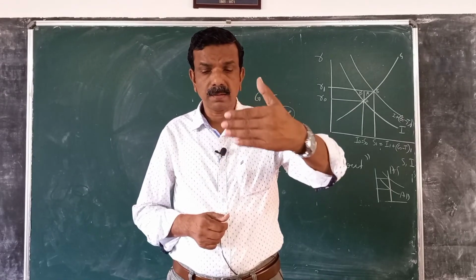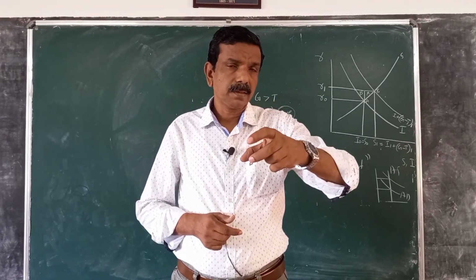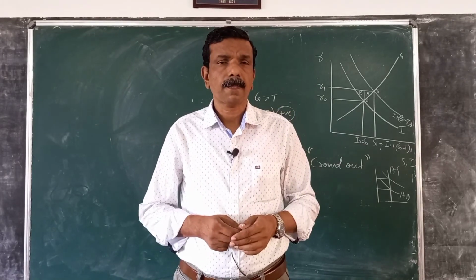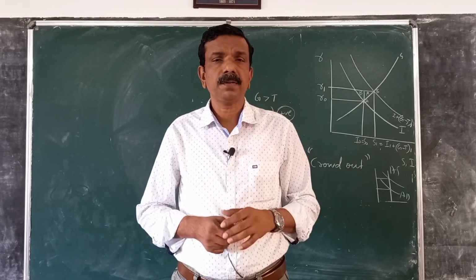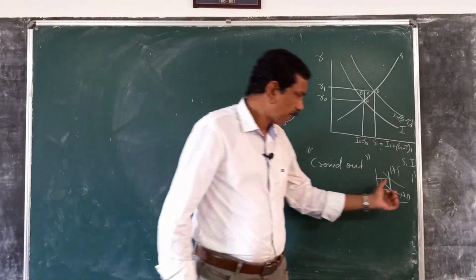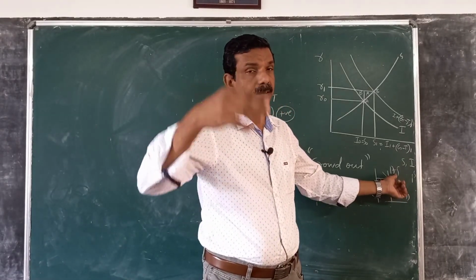So, an increase in government spending financed by printing currency increases the supply of money, the aggregate demand schedule will shift upwards, and the price level will increase.